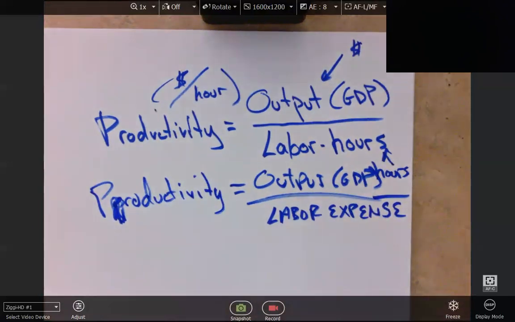So why is our average real wage linked with the productivity? What happens if our output per worker is not increasing?